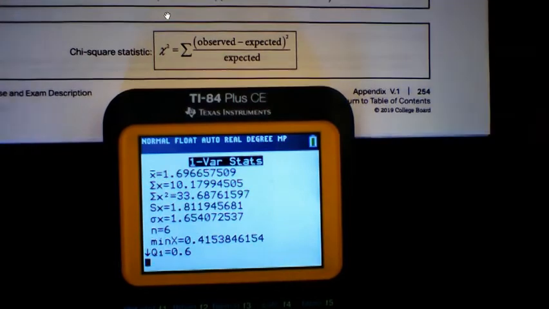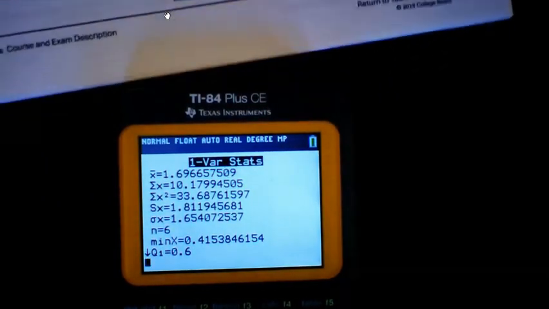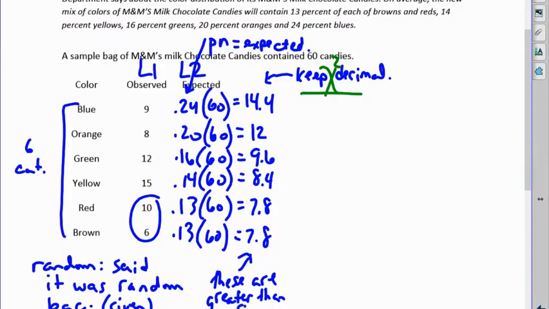So now I'm going to write all those numbers down on my paper. I've already written down the L3 list, but now I'm going to write down all the chi-squared contributions: 2.025, 1.3333, 0.6, 5.1857.